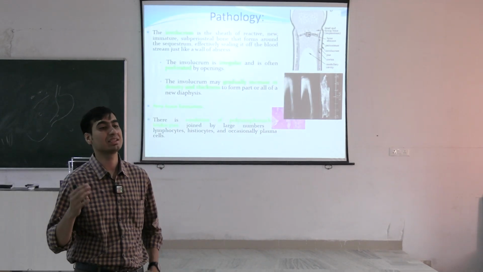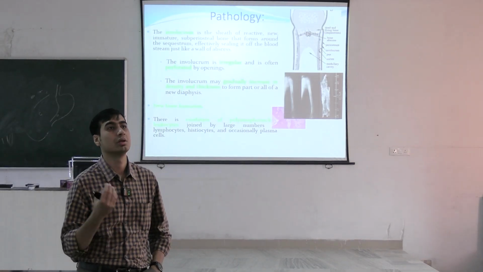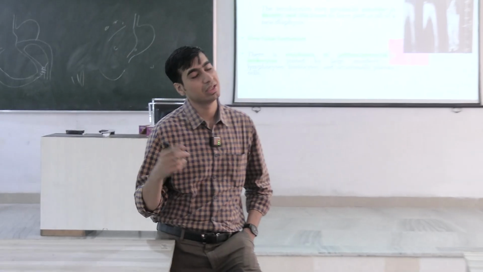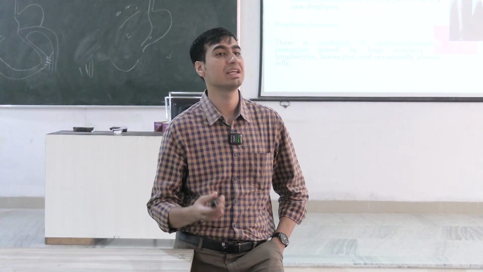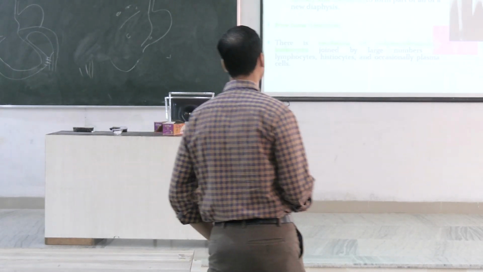But in long-standing cases, if the clinician is not able to pick it up or the patient does not seek treatment, then the entire bone can be infected. We have seen cases where the entire bone is infected and you don't have much option. Those are difficult cases to treat, very late presentations.